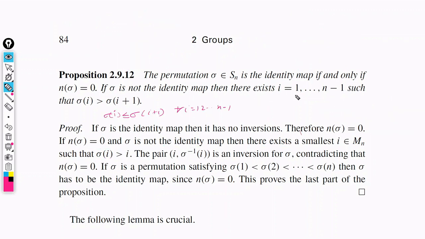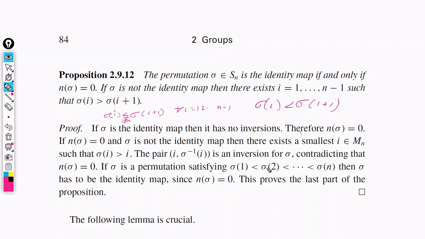Okay, in the second part, we have to show that there exists an i such that sigma(i) is greater than sigma(i+1). Suppose this is not true. That means sigma(i) is less than or equal to sigma(i+1) for all i. Since sigma is a bijection, equal to is not possible. That means sigma(i) is less than sigma(i+1) for all i from 1 to n.